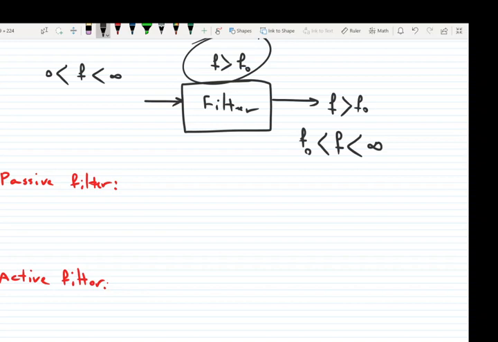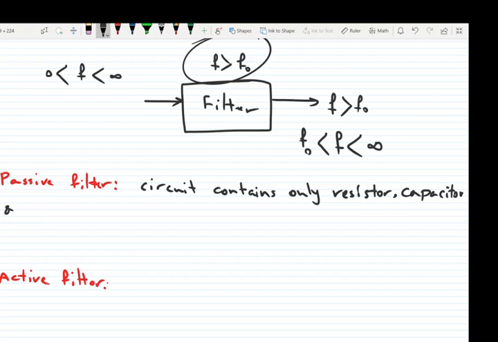So the filter circuit contains only a resistor, capacitor, and inductor.